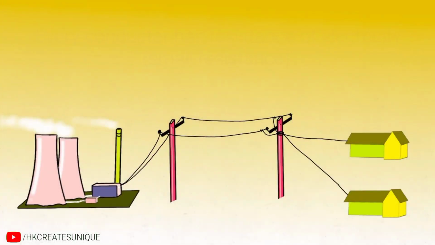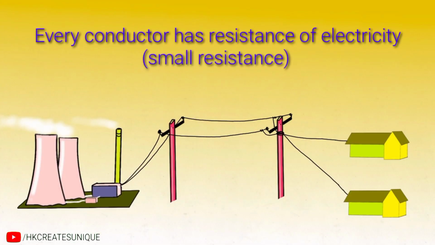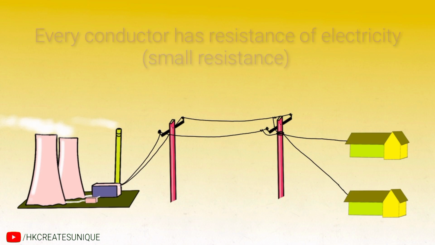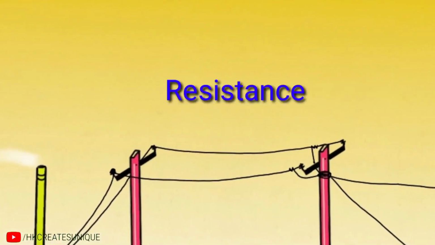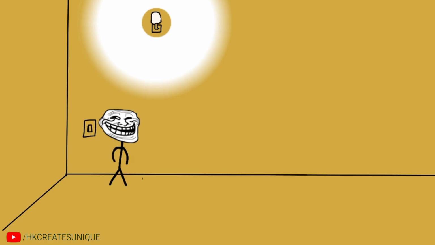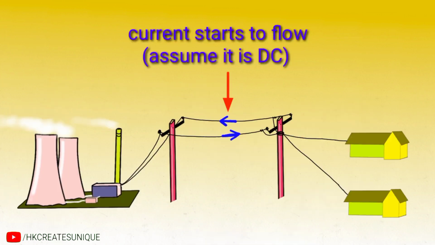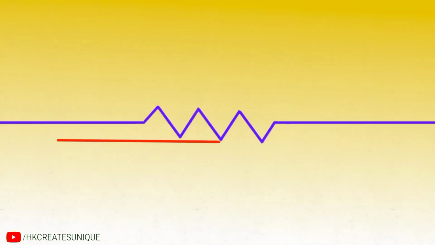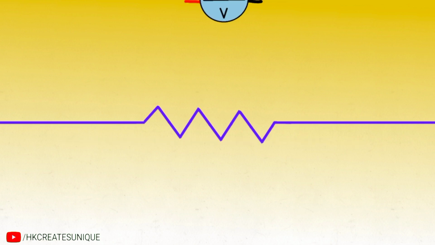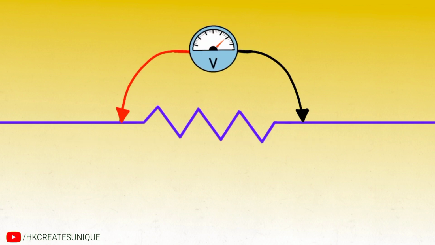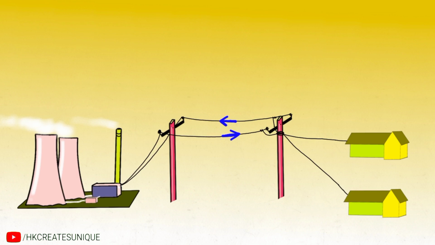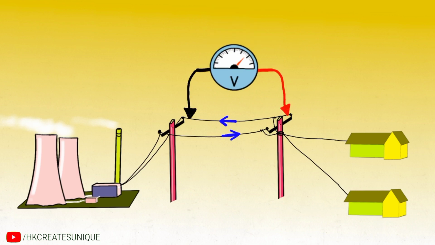We know that every conductor has resistance of electricity. The transmission lines will also have resistance. Now when power is used in our home, for example lighting up an LED, current starts to flow. And we all know that when current flows through a resistive material, a voltage appears across the material. Therefore, a small voltage appears across its power lines.